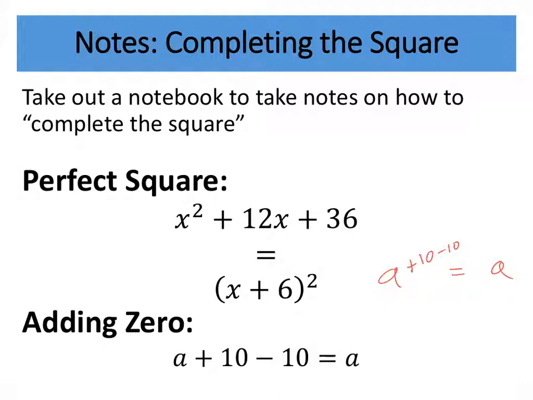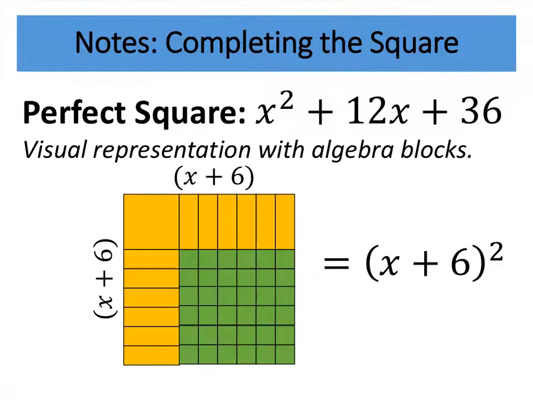Notice that plus 10 and minus 10 cancel each other out, so I get a when I come out. That's like adding this funky form of zero, and it's going to be very helpful as we work to complete the square. So those are the two big things that you really need to understand in order to understand completing the square.